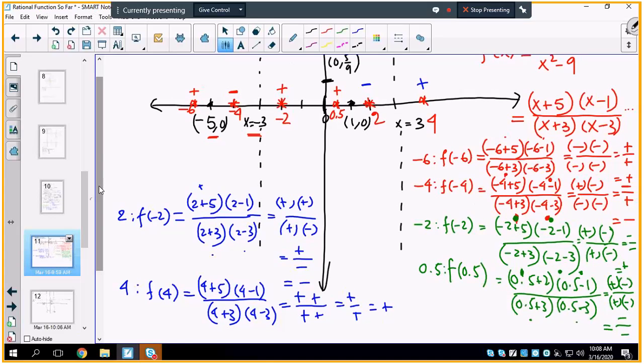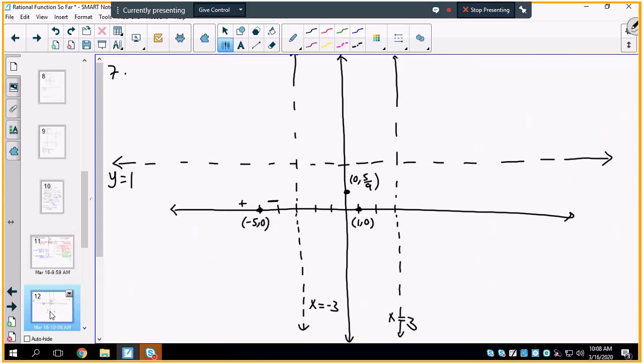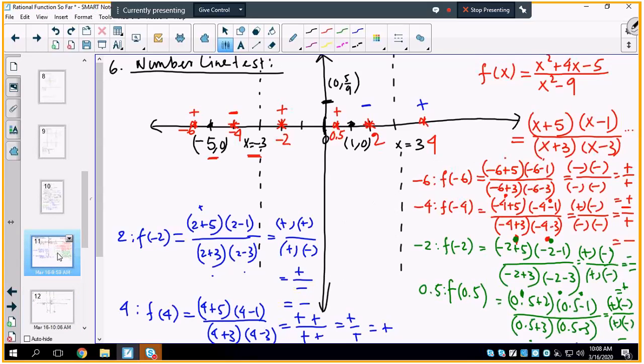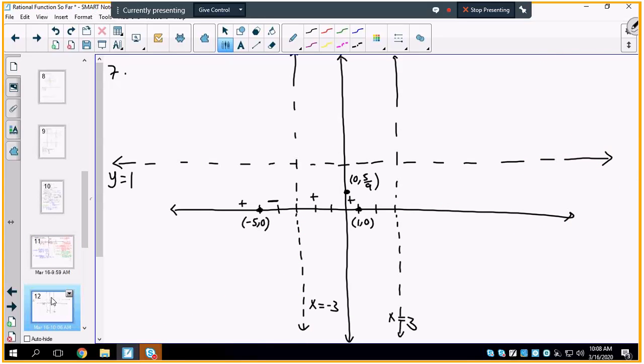You're positive on the left of 1 as well. So I'll go ahead and get those signs. So you're positive here, you are positive here, the left of +1. And on the right of +1, you are negative, whereas on the right of 3, you are positive. So you are negative, positive.